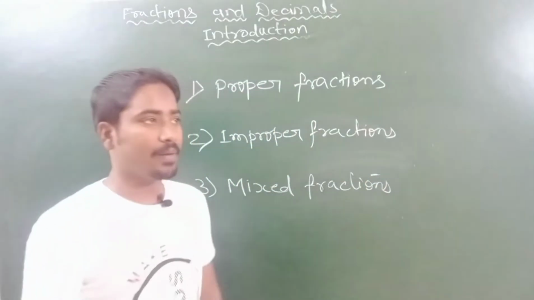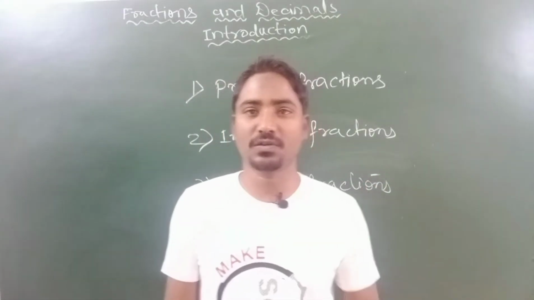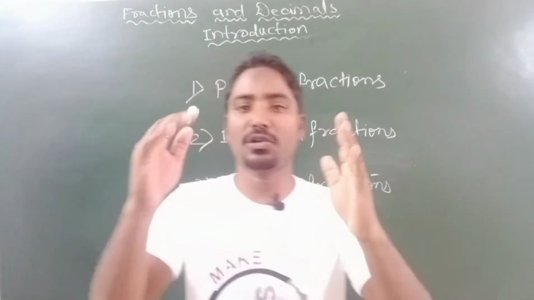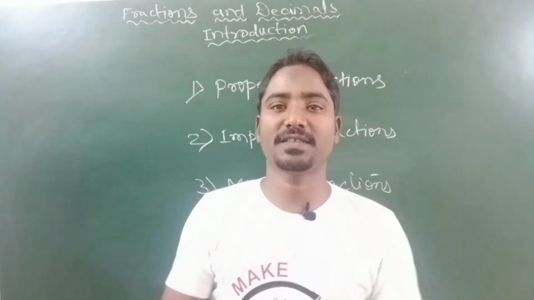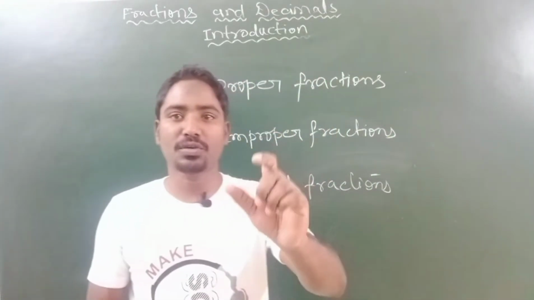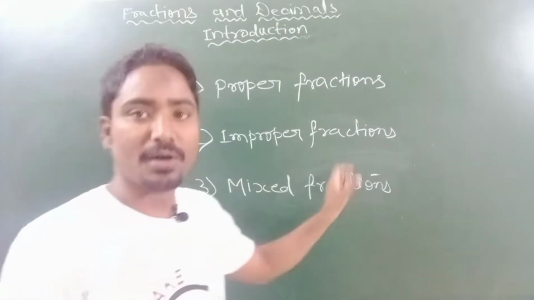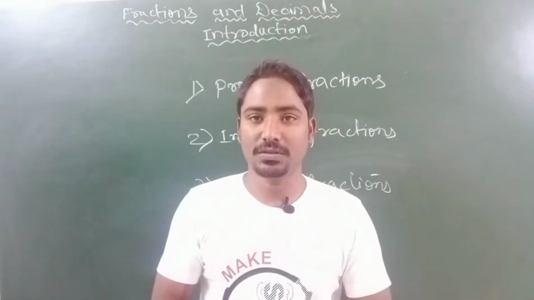Now one by one I will explain you about each type, and I will give you some examples also, and you can also set a number of examples. Each and every term will be very crystal clear to you.